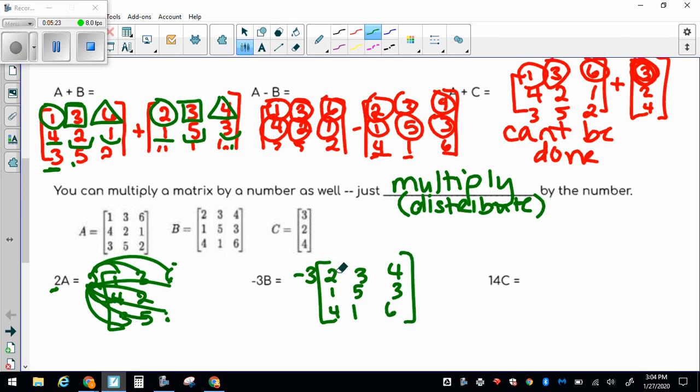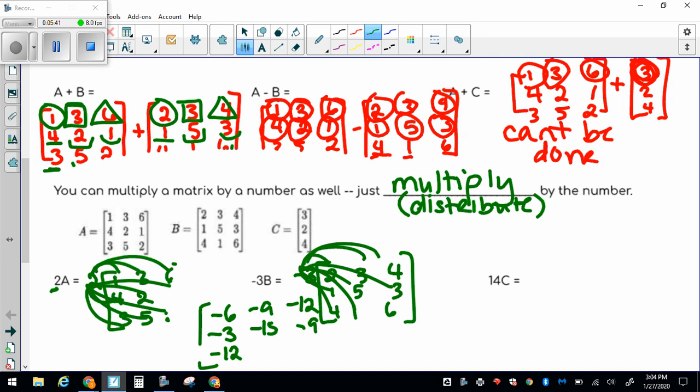And so negative 3 times 2 would make negative 6. Negative 3 times 3 makes negative 9. Negative 12. Negative 3. Negative 15. Negative 9. Negative 12. Negative 3. And negative 18.